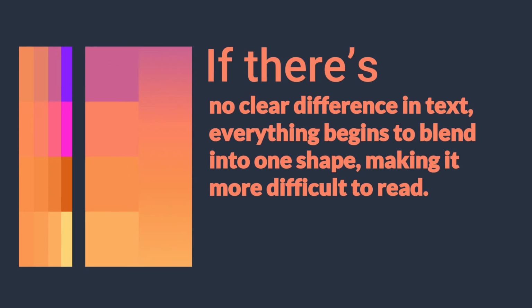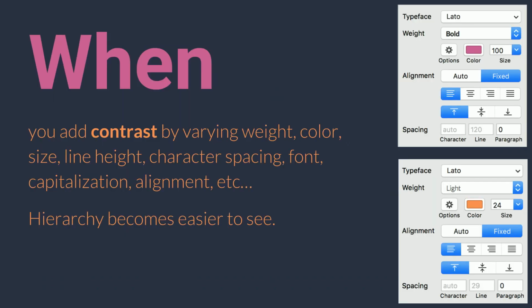And it is even difficult to read. But when you use things like contrast in colors, in weights and sizes, and line heights, that's when you really get that hierarchy going, and the text really becomes easier to read, and it's more accessible and user-friendly.